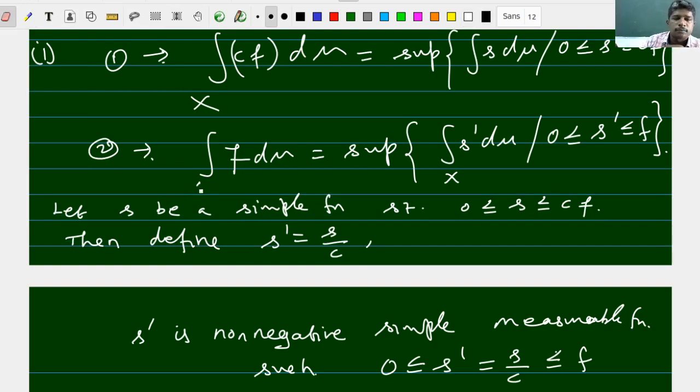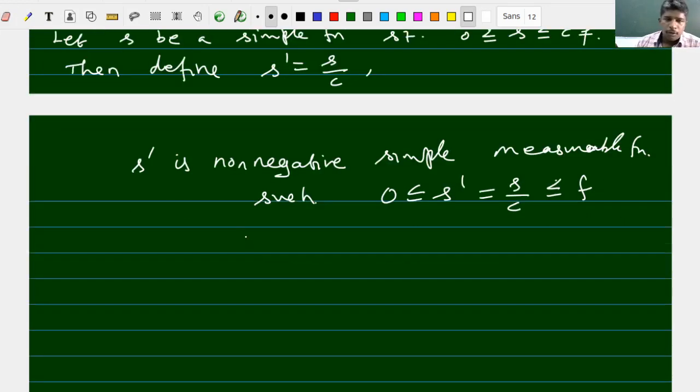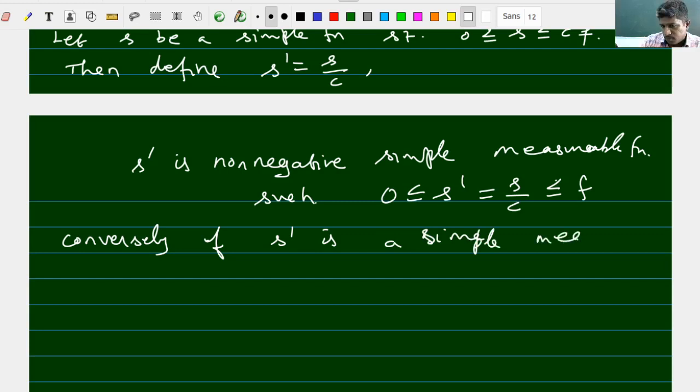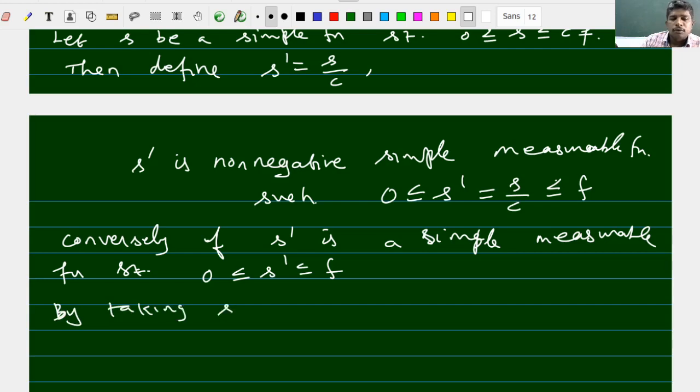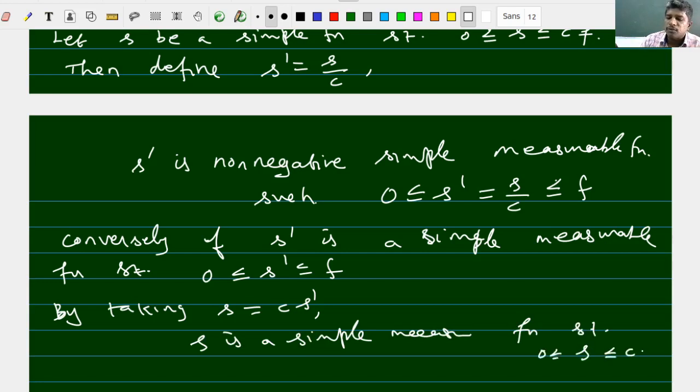This is 4x. And conversely, if S dash is a simple non-negative measurable function such that 0 ≤ S dash ≤ f, then by taking S equal to c S dash, S is a simple measurable function such that 0 ≤ s ≤ cf.